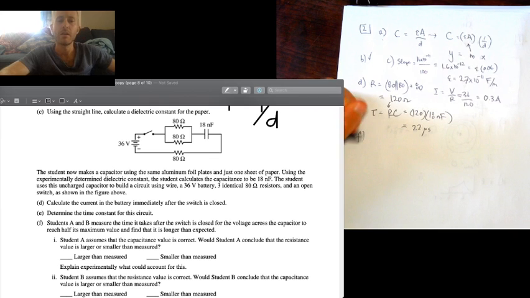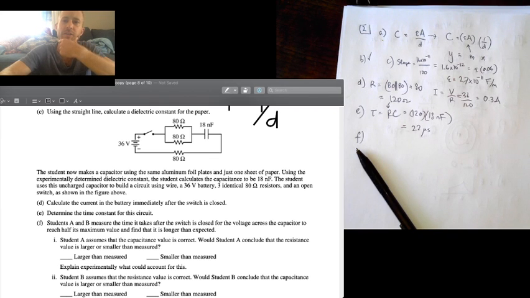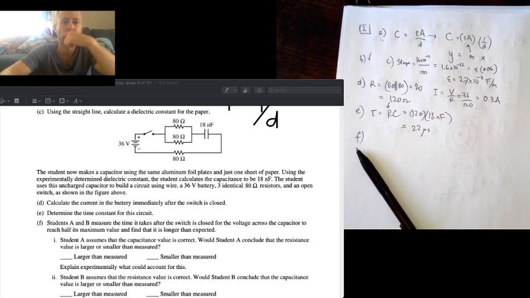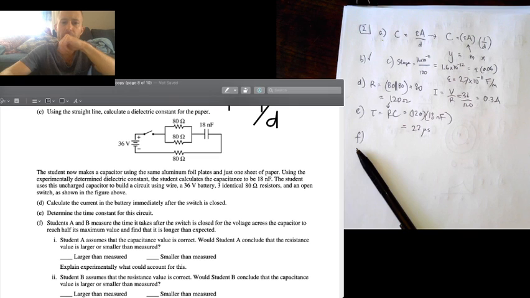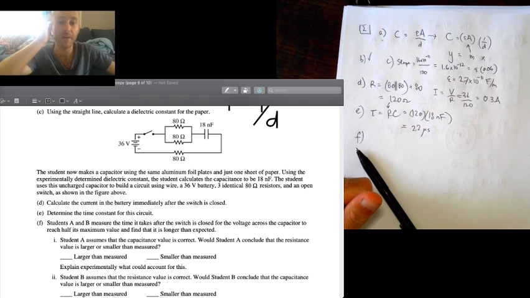Students A and B measure the time it takes after the switch is closed for the voltage across the capacitor to reach half its maximum value and find that it is longer than expected.